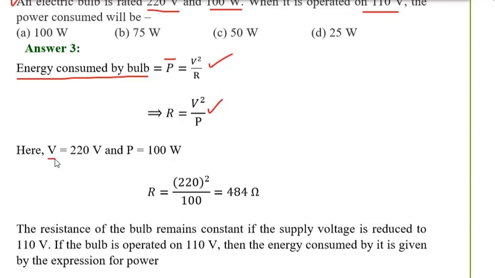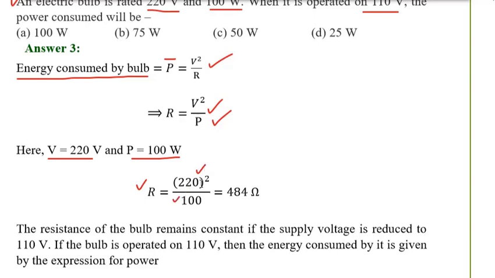From the question it is clear that V equal to 220 volt and P equal to 100 watt. Now putting the value of V and P here, then we get R equal to 220 to the power 2 by 100.